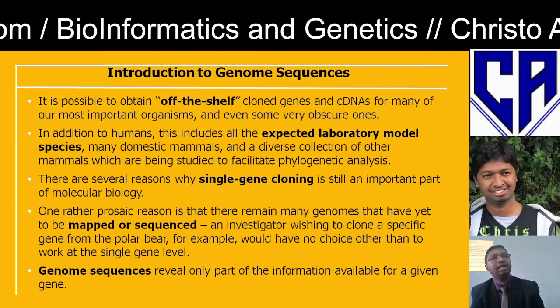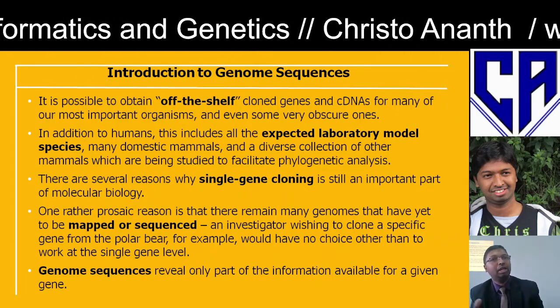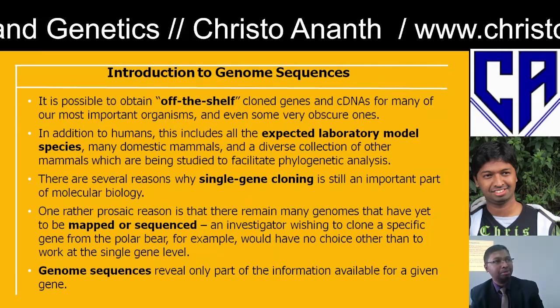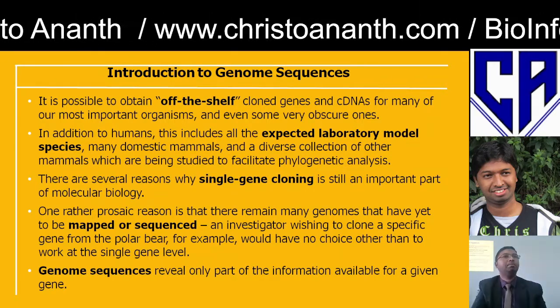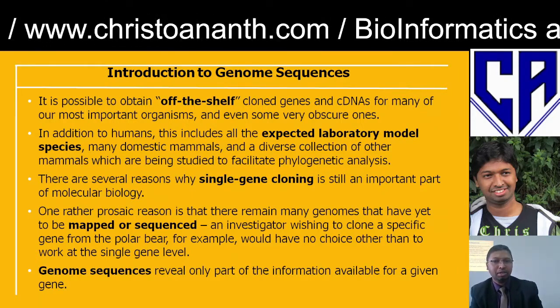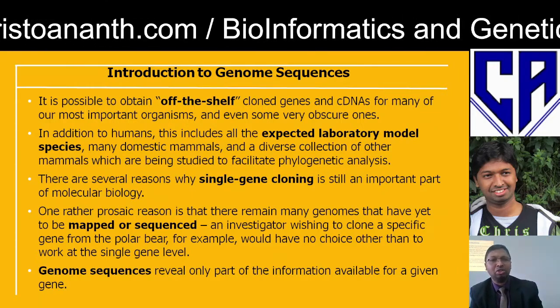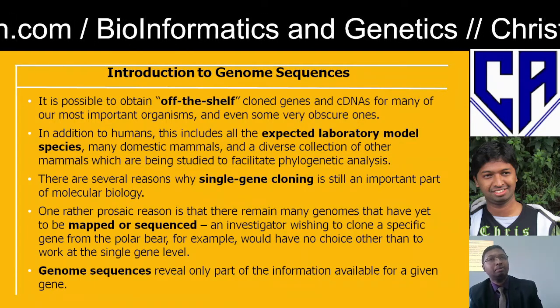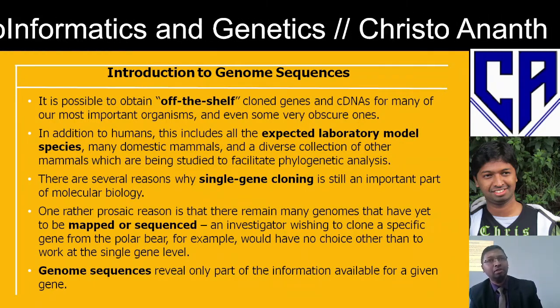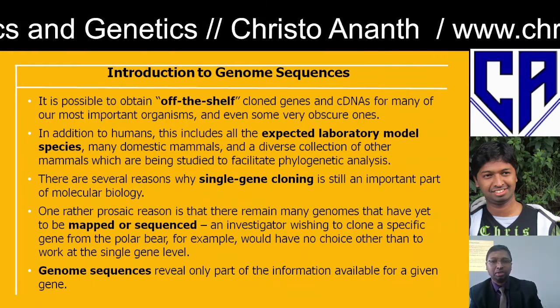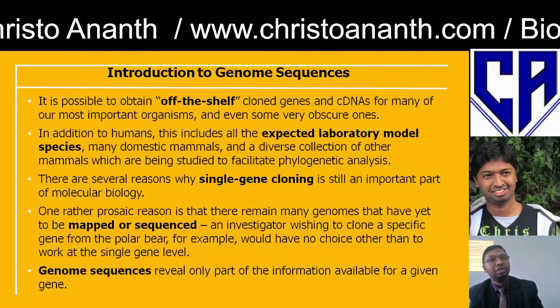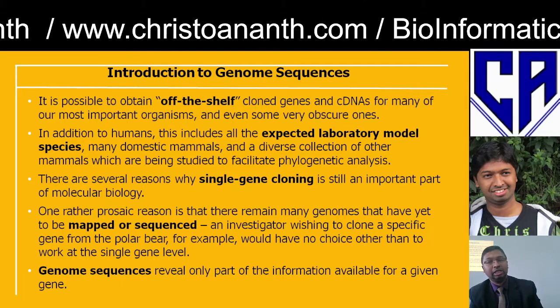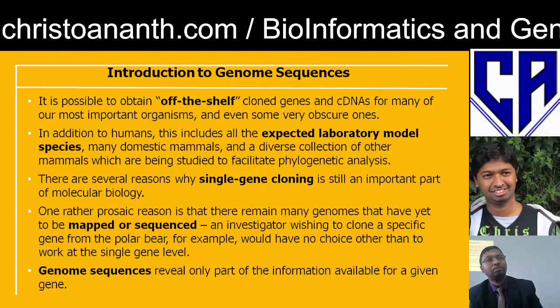We will be analyzing with the help of different characteristics of mammals. Here we will be categorizing a laboratory model for the entire species, maybe domestic mammals, or mammals that you analyze for phylogenetic trees. This is the reason why you tend to use single gene cloning over multiple gene cloning.